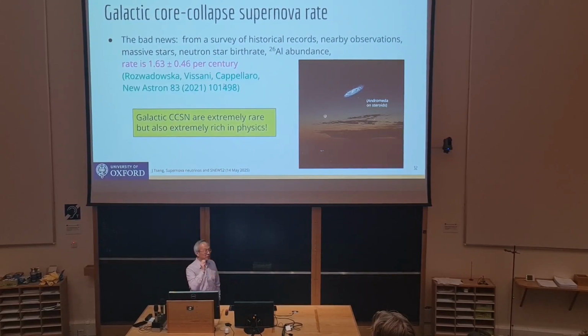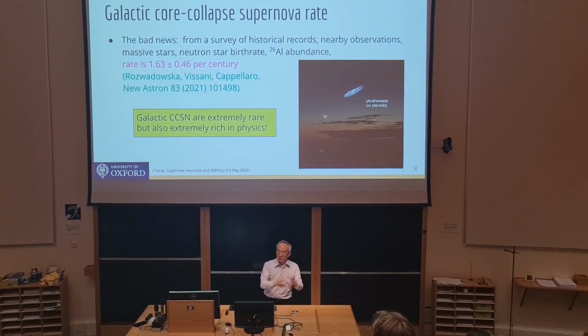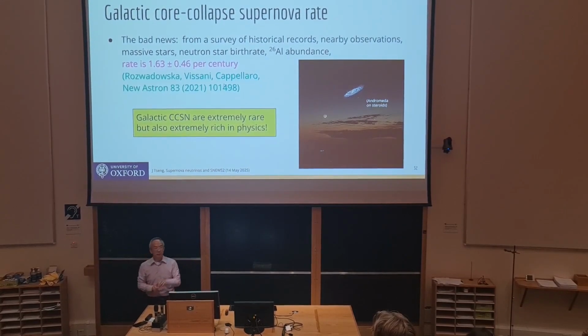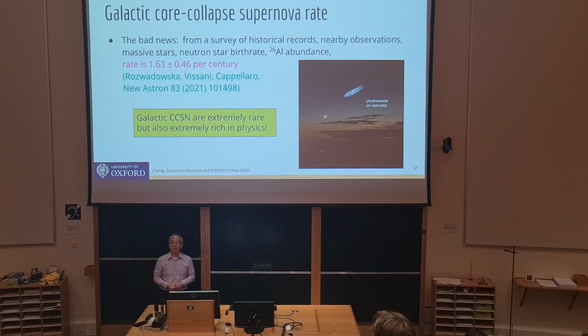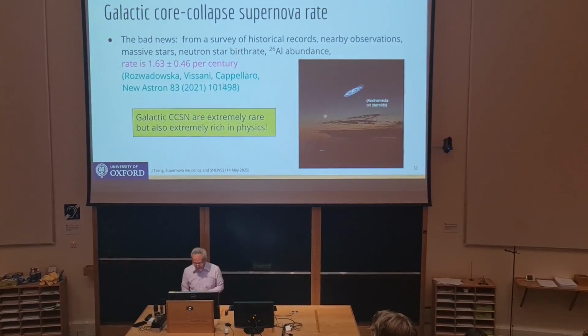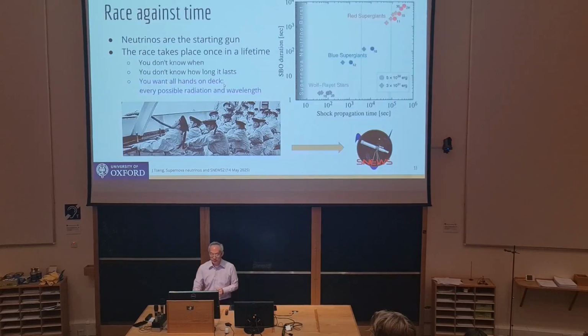The other ones are focused on things like nucleon decay, or dark matter, or neutrinoless double beta decay, which is SNO+'s main purpose. But if a galactic supernova happens, that's what everyone's doing. That's what we're going to spend time on, because there's just too much physics that's going to come out of it. But it is a race against time.